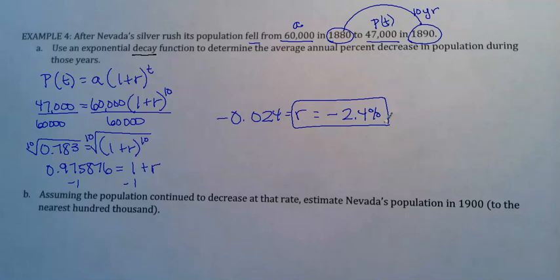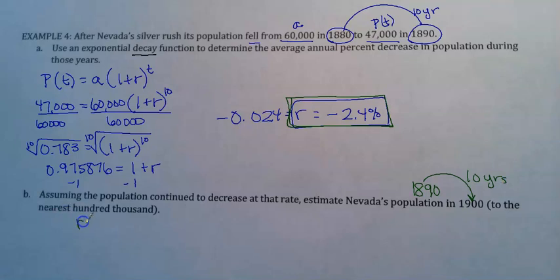Part B: if we're assuming the population continued to decrease at that rate, estimate Nevada's population in 1900 to the nearest 100,000. Okay, so we're saying that this rate is continuing and staying steady, and we want to go to 1900. Well, we left off at 1890, so 1890 to 1900 is another 10 years. So our t is 10.